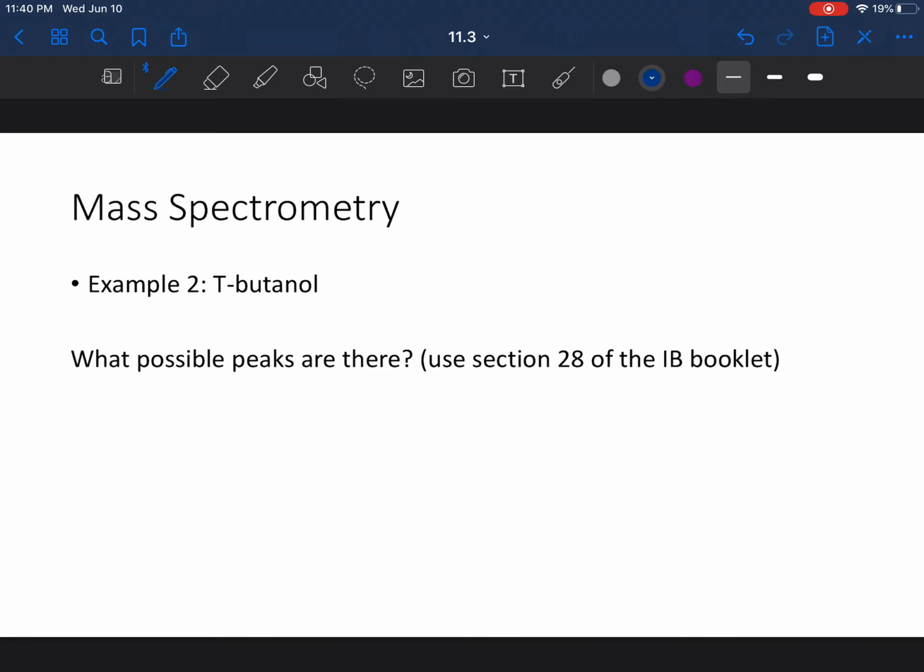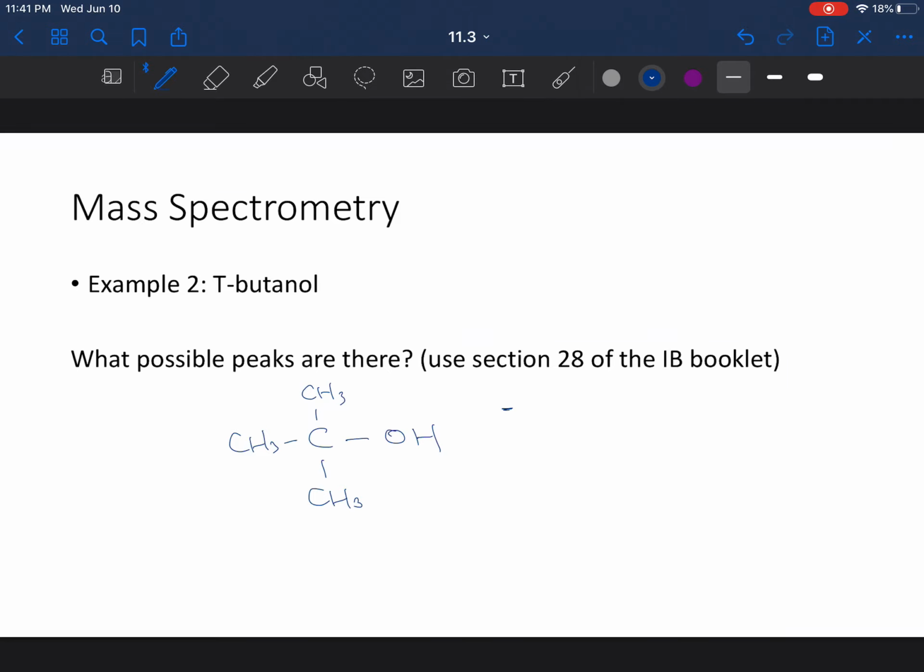So first let's draw 2-butanol again. Here's my 2-butanol. Very nice. As I said, they're asking you exactly what the peaks would look like. What peaks would you find?